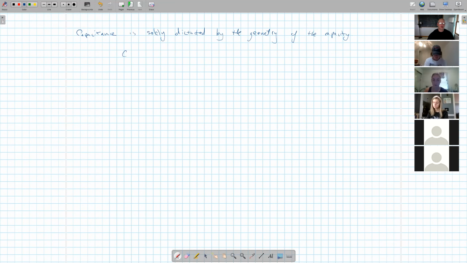Now again, for complicated geometries, the capacitance is very difficult to determine.